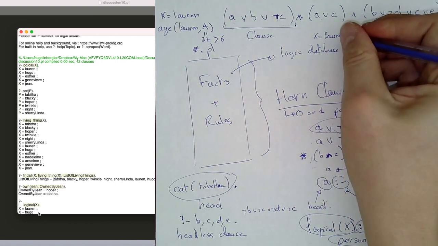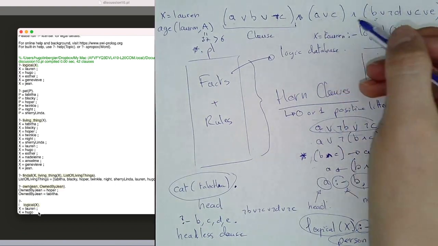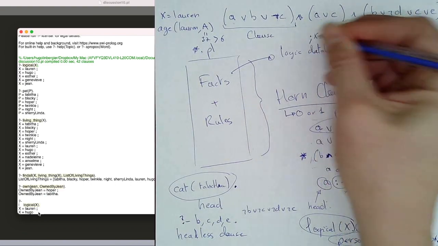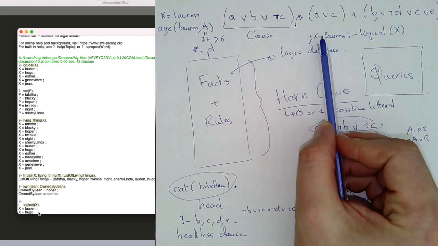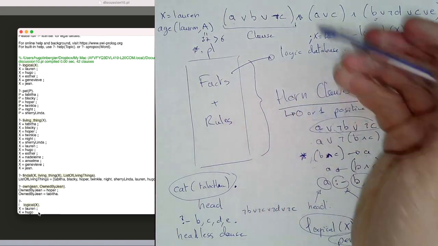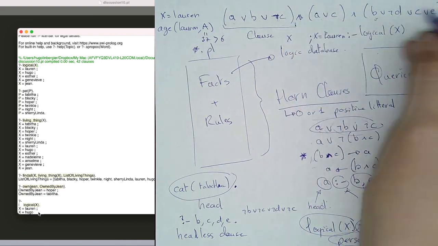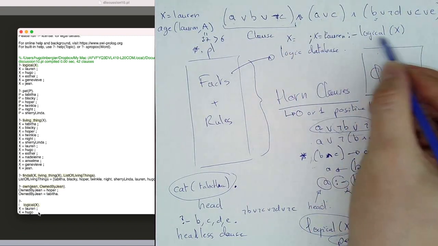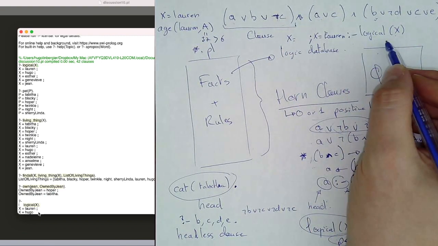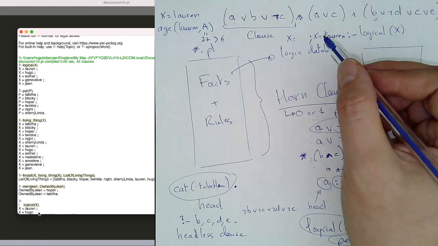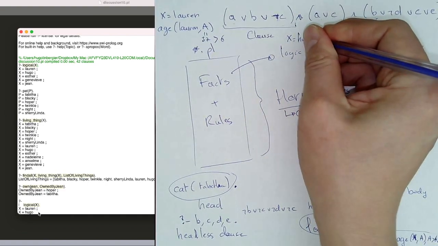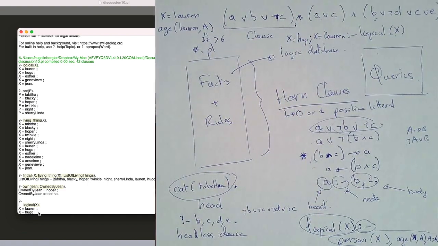But now the semicolon that I'm putting on the terminal is basically asking, well, find me another X such that logical X is true. So you can think of the semicolon as an or, and now it gave me another one, Hugo, and it can give me a bunch, right?